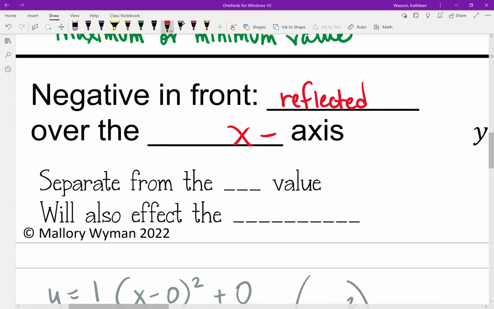You could also say it's a vertical reflection, just so it's clear that it's an up and down reflection, not a sideways reflection. You could say vertical reflection, that means the same thing.